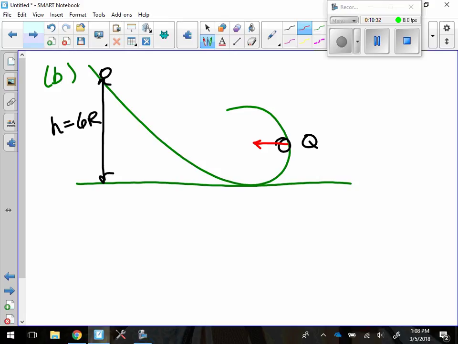It's perpendicular to the normal force. It's perpendicular to the interface. Okay. Now, there's also, of course, a gravitational force pointing down, but that's not really going to help me with what I'm trying to do right now. Okay.